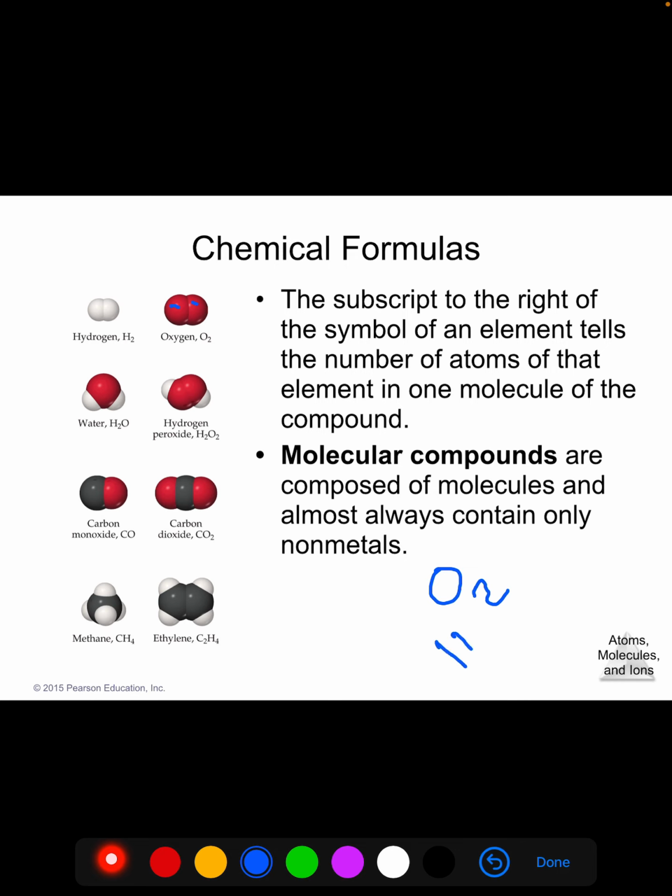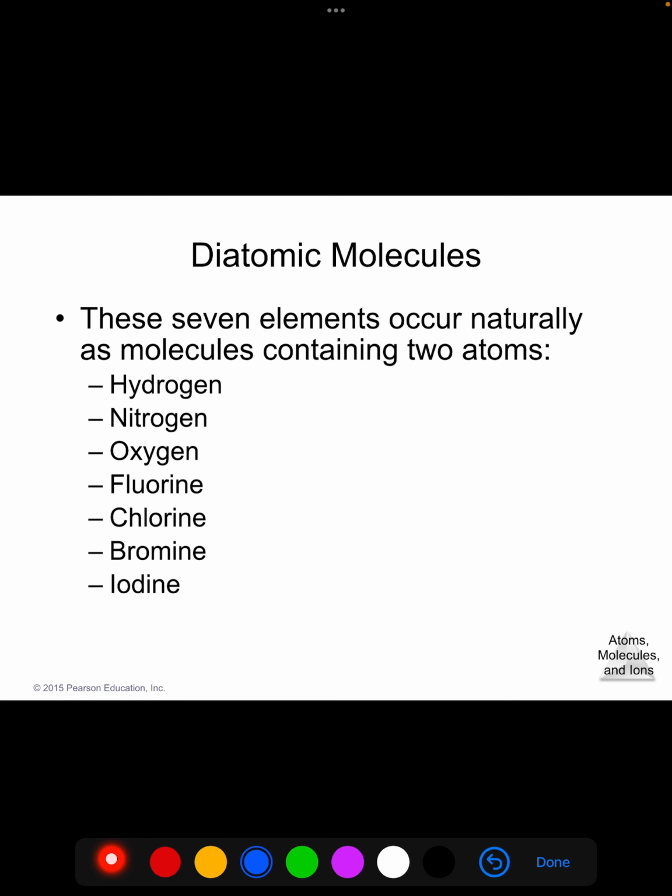When I say H2O2, hydrogen peroxide, that means two atoms of oxygen put together with two atoms of hydrogen. And this is termed a chemical formula. Okay?